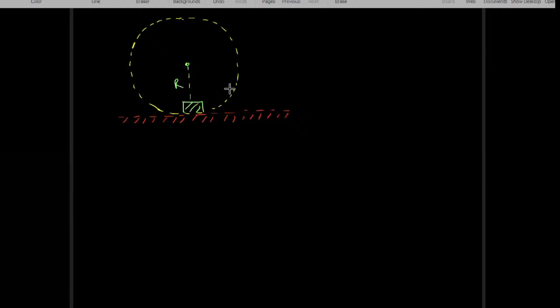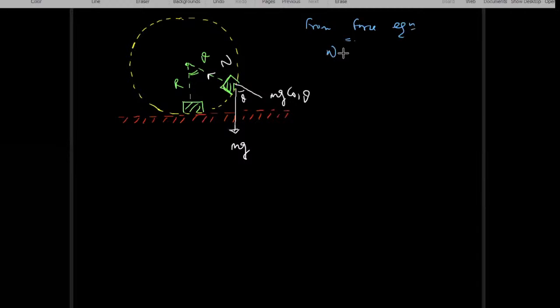This is R. At any random time, I'm imagining that the block is here. I'm also imagining that this is the angle theta. So you know that in this direction mg will act. In this direction, the component mg cos theta will act, right? And this is the direction in which the normal reaction will act. So from the force equation, what can I write here? I can write N minus mg cos theta is equal to mv square by r.